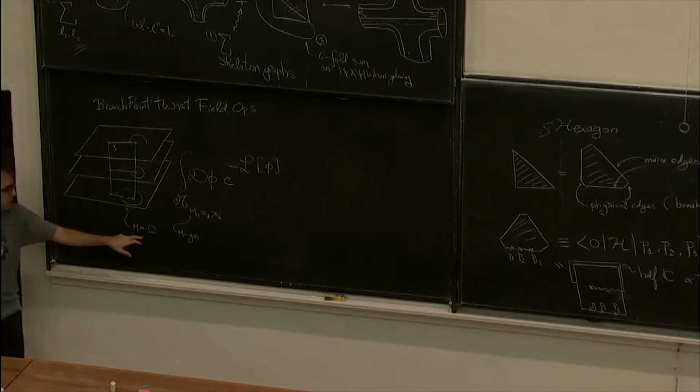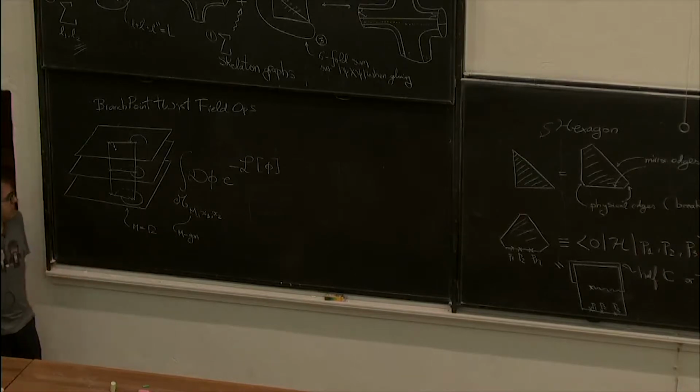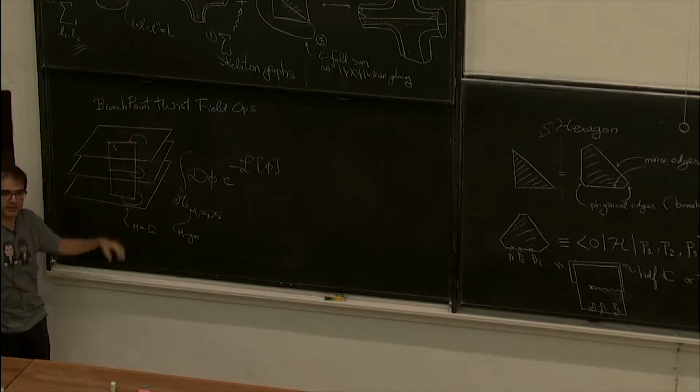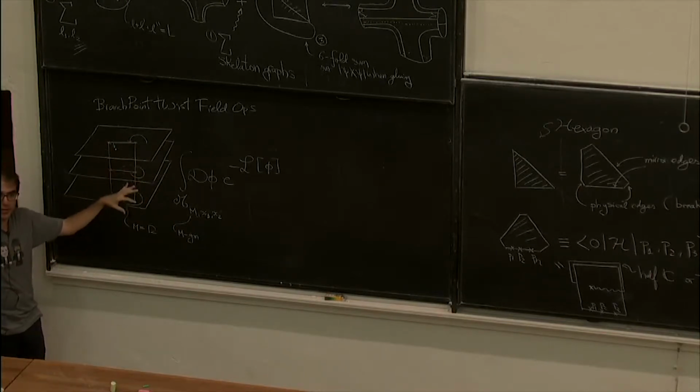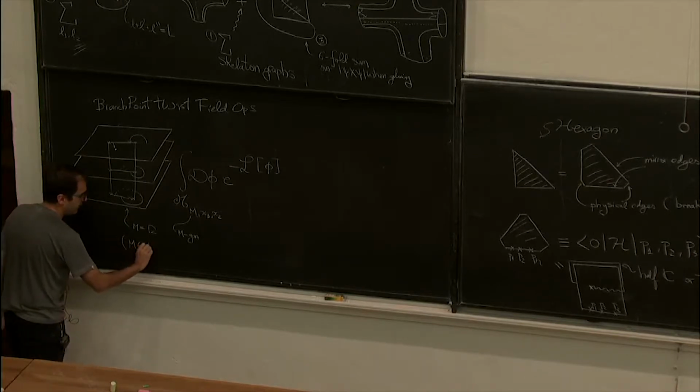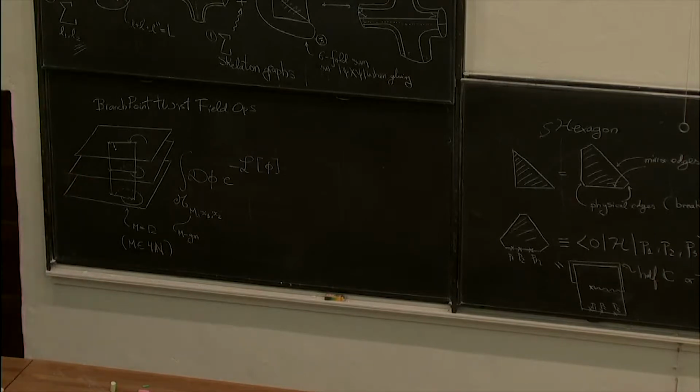Okay? So m would be 12 for this case. And of course, if m is not a multiple of 4, I have to think of these pictures as some kind of analytic continuation. But the way I'm drawing it, let's implicitly for now say that m is a multiple of 4. Okay?